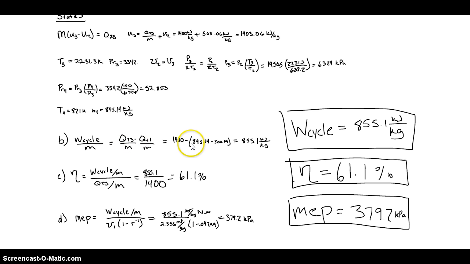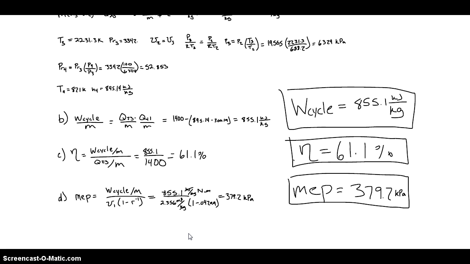It was 1400 kilojoules per kilogram. And now the heat rejection, Q4 to 1, is going to be equal to H4 minus H1. After your calculations, it'll come out to 855.1 kilojoules per kilogram. That's the work of your cycle.